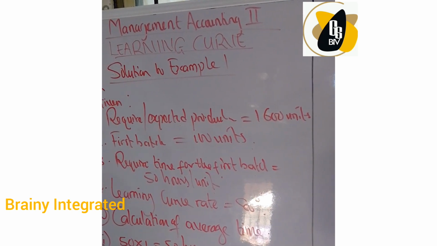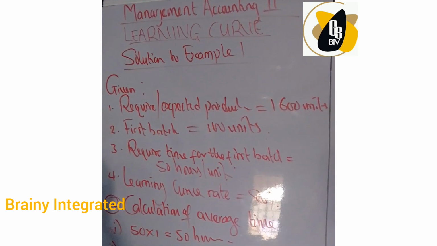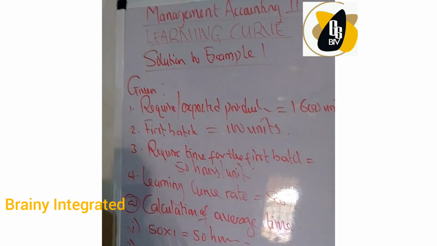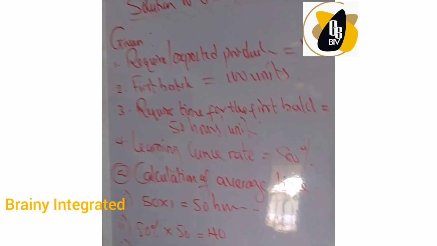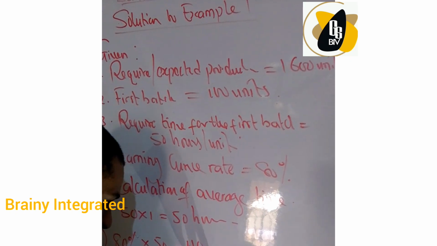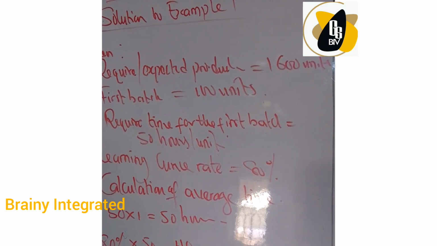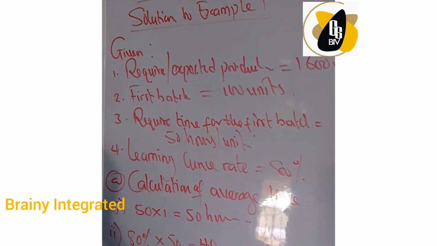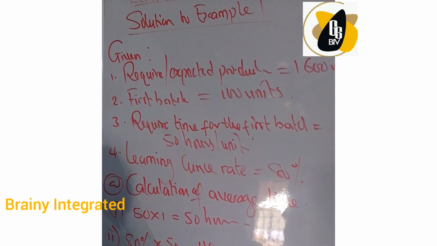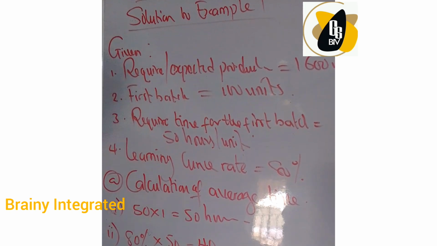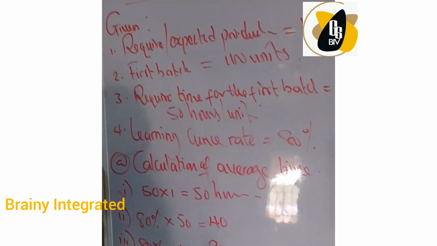So the next, we are going to say the same 80% times 40 hours. That will give us 32 hours. If we apply it to the next one, times 32 hours, that will give us 25.6.